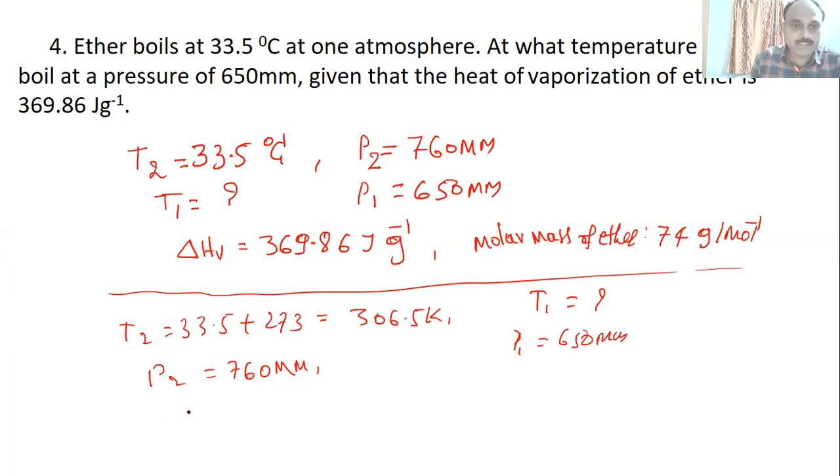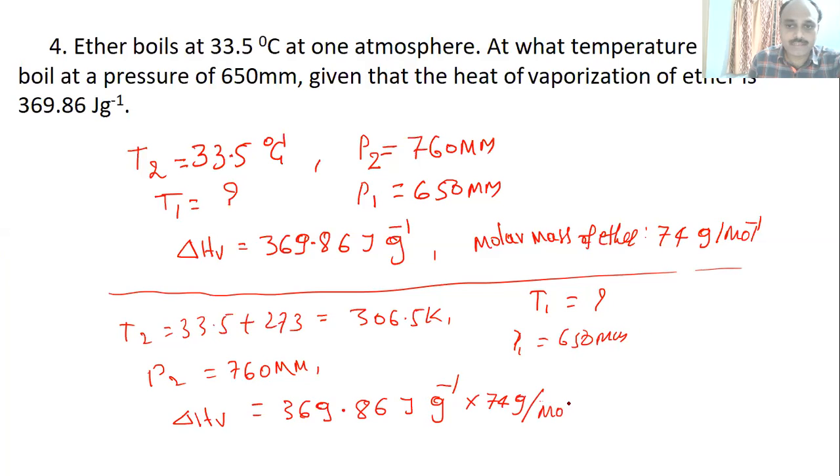Then delta HV, that is most important: 369.86 joule per gram. You can convert this into joules per mole by multiplying by 74 gram per mole, and you can just strike out the gram per mole.